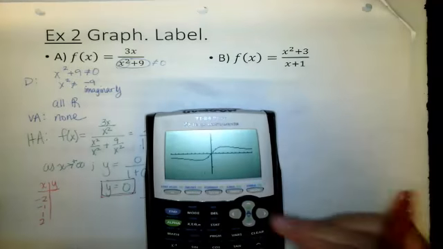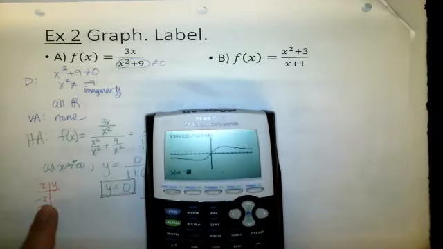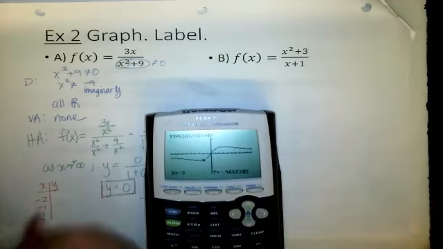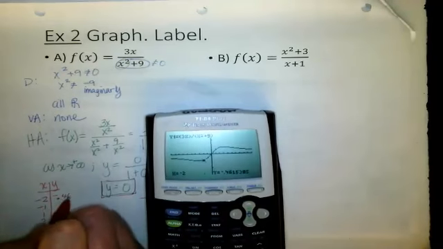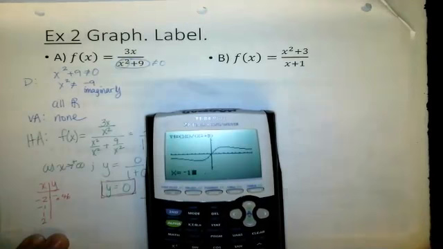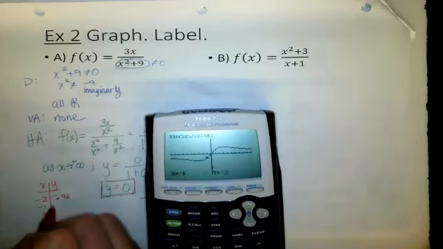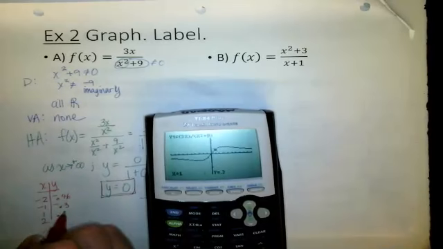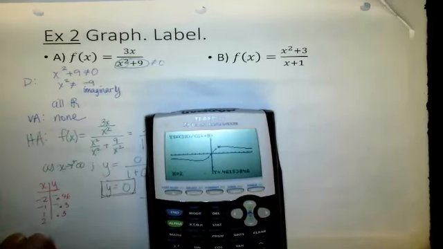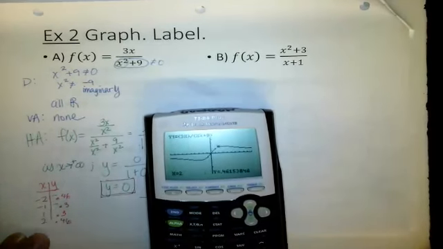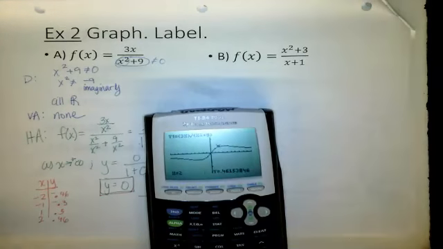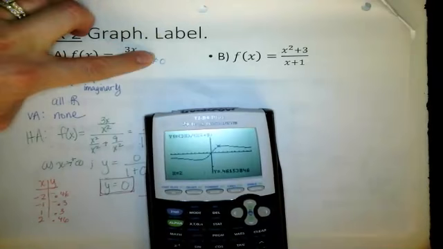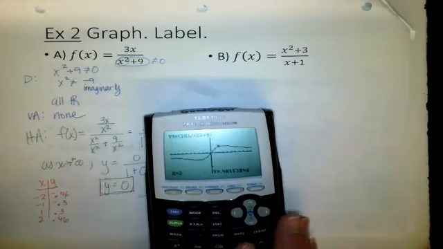We can plug in some values. I can use trace and type in -2, and I get about -0.4. That's what your calculator is really good for. For -1, I get -0.3. For +1, I get 0.3. And for 2, I get 0.46. You could plug those in manually, but why bother?